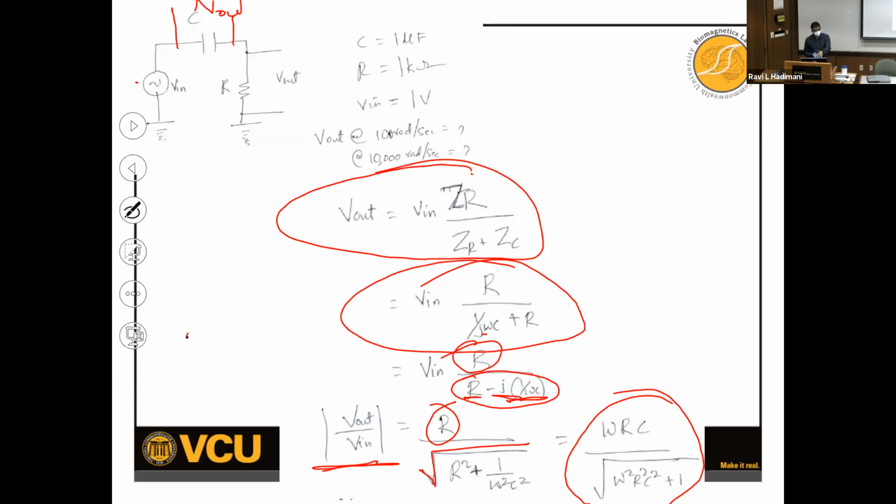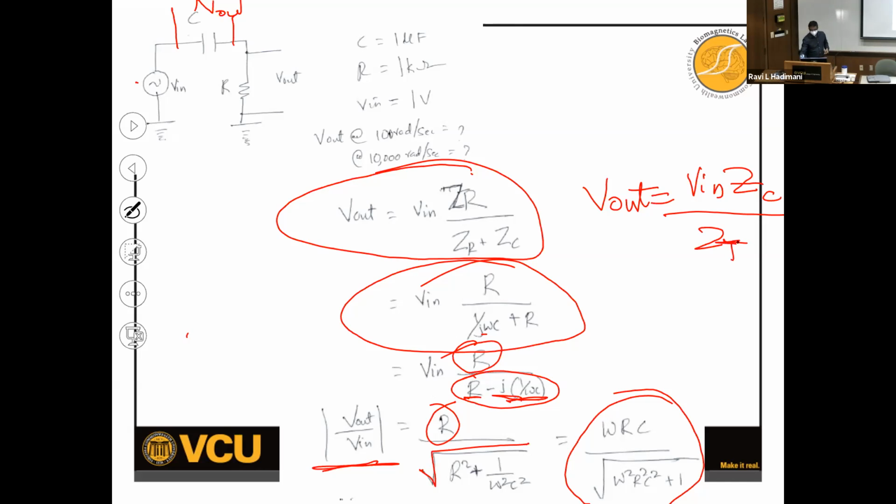So if your output is there, you do the same thing again. It's a voltage divider, right? Now instead, your V out equals V in times ZC now, right? Because that's where you are taking the V out, and this is Z total, right?